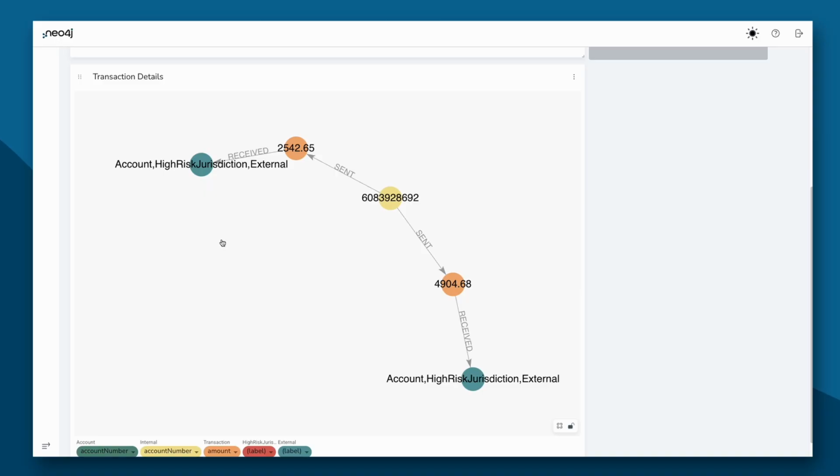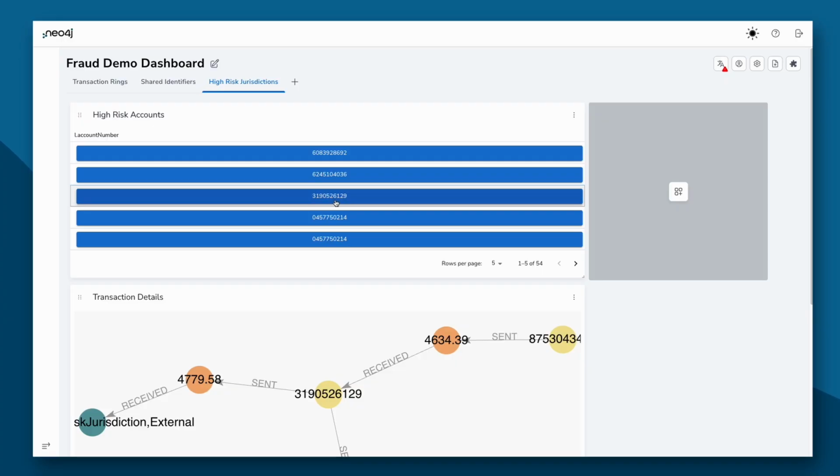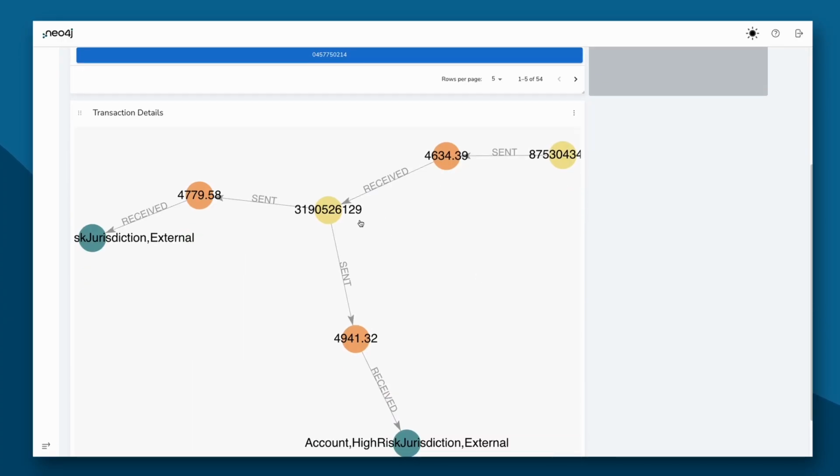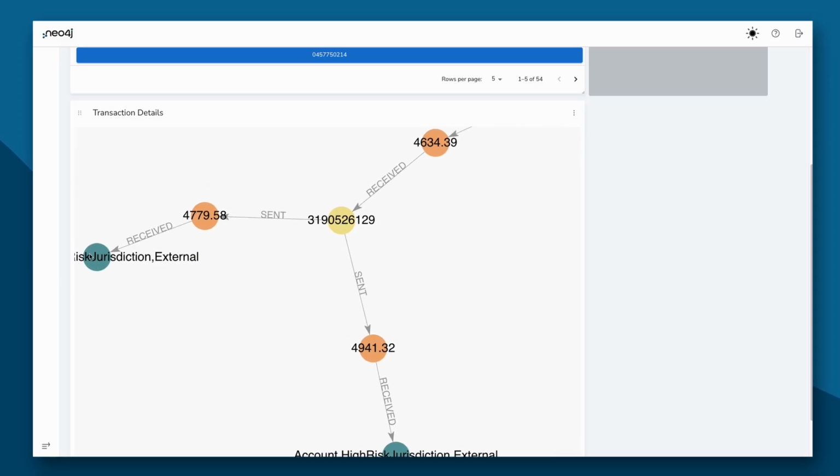So not just looking at that individual transfer there, but who transferred money into the account that is then pushing money into high-risk jurisdictions. So for example, let's take a look at this one in the center here. We have an account here ending in 129 that's sending money to high-risk jurisdictions. If we look at the details of the graph here, we can see 2 transactions that are going off to high-risk jurisdictions.